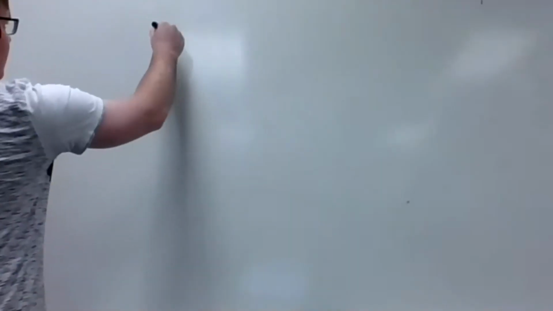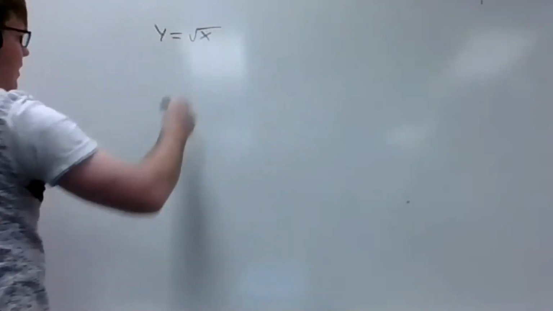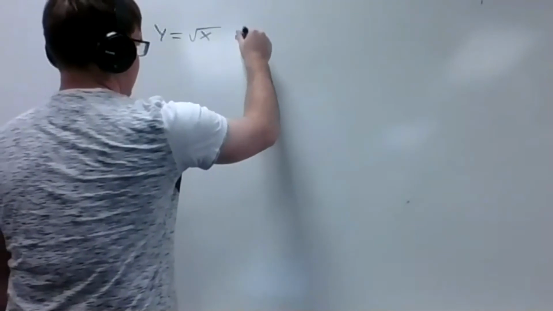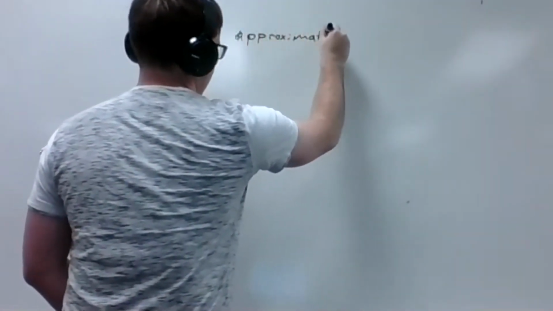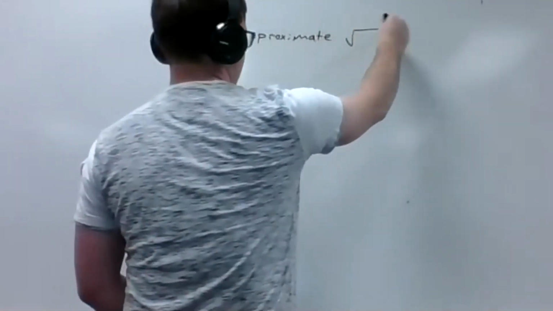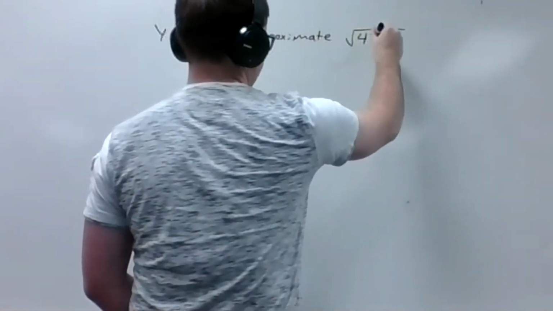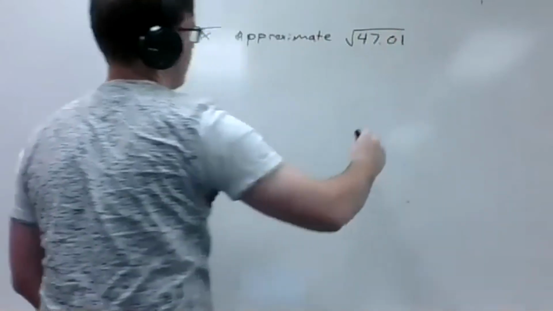All right, so let's say we have a function y equals the square root of x, right? And we want to use it to approximate the square root of 49.01.